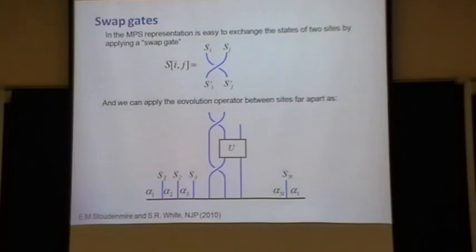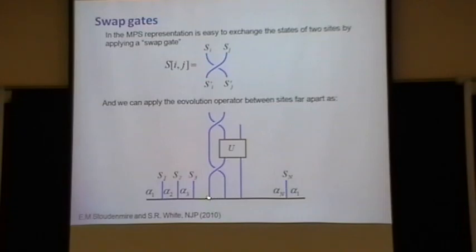I'm coming to this because Steve asked me to show you a trick he came up with recently, also described in a paper with Maris, where they generalized the Suzuki-Trotter approach for problems that have long-range interactions. In the matrix product representation, this is a very elegant trick. What you have to do is apply swap gates. So a swap gate is some operation that exchanges two sites, or two indices.